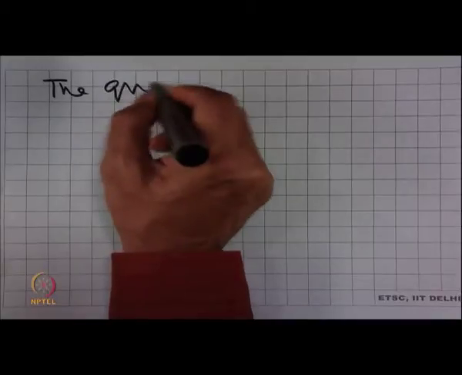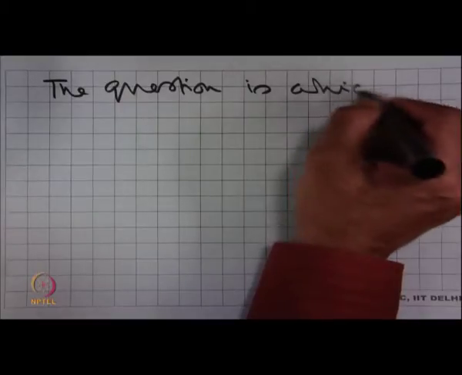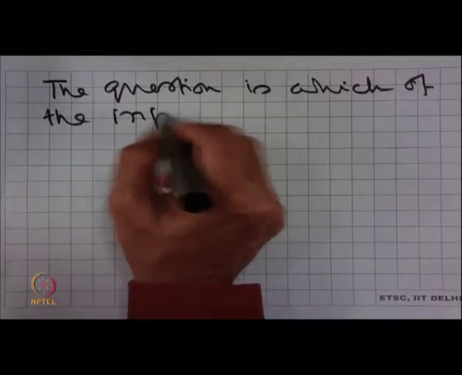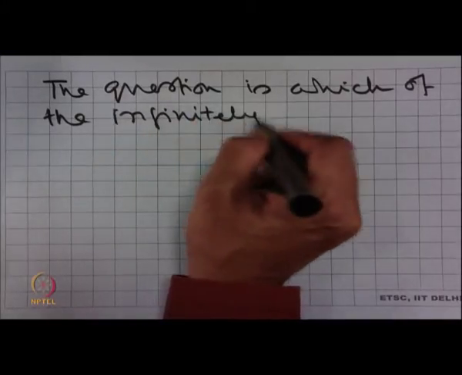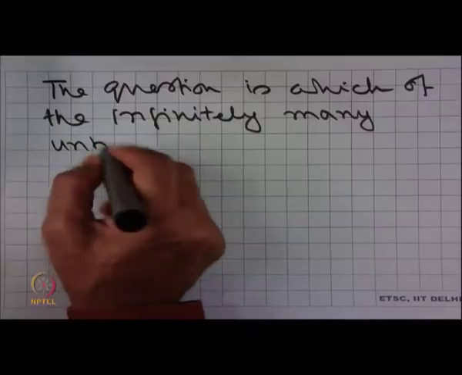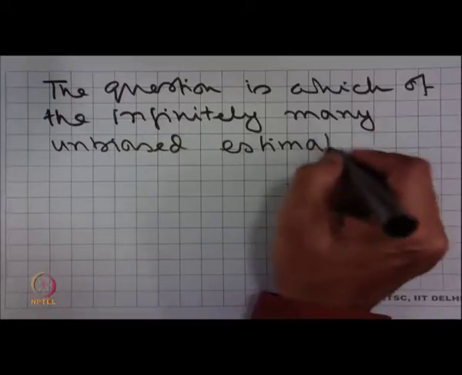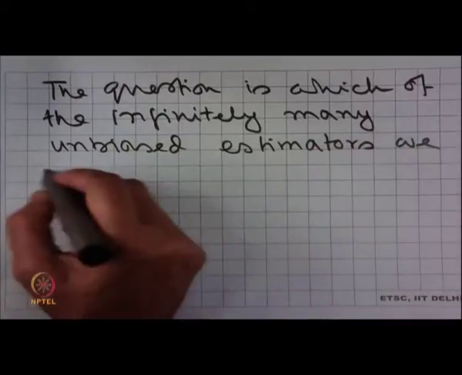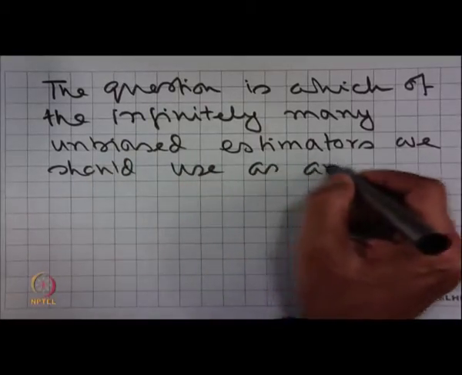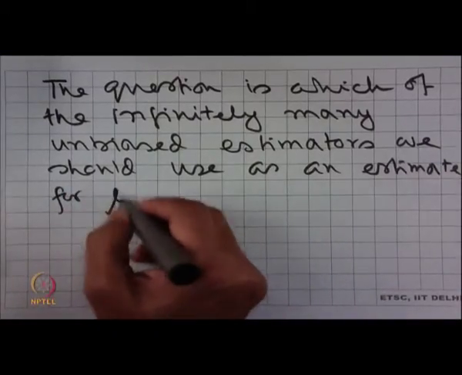Therefore, the question is, which of the infinitely many unbiased estimators we should use as an estimate for mu.